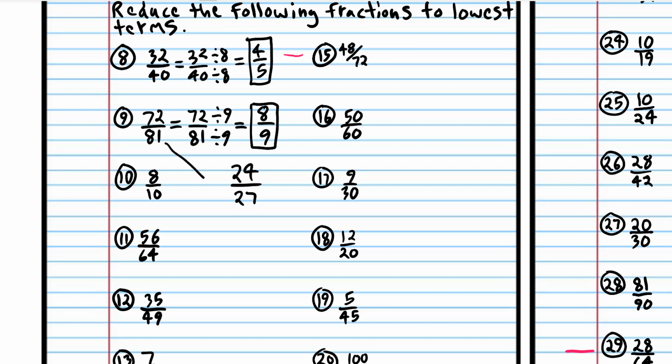So I still reduced the fraction, but I didn't go to lowest terms. Now you can do it that way. You can do it by steps. You can divide both sides by 3 to get that. Then you can take this fraction, and you can divide both sides by 3 again to get this fraction. So you can do it by steps if you really want to. But it's easier to just go straight to the answer, straight to 8/9.